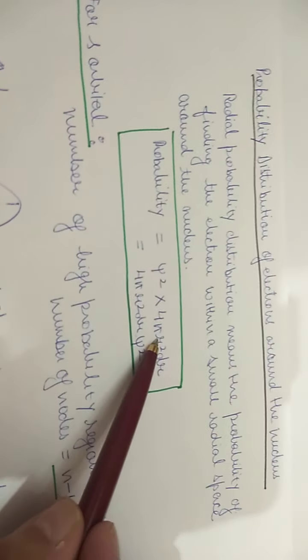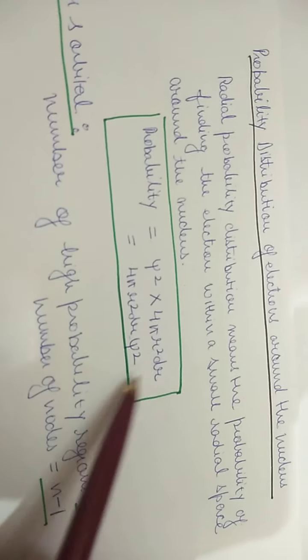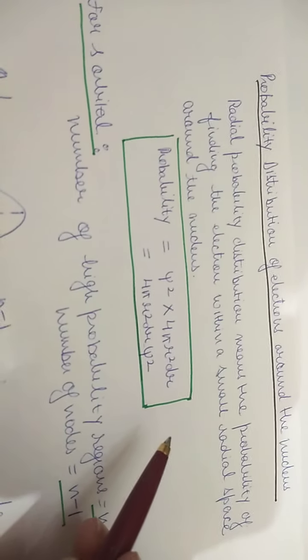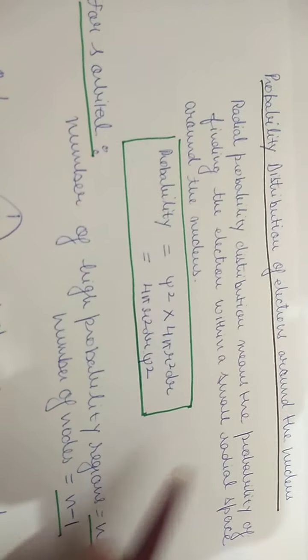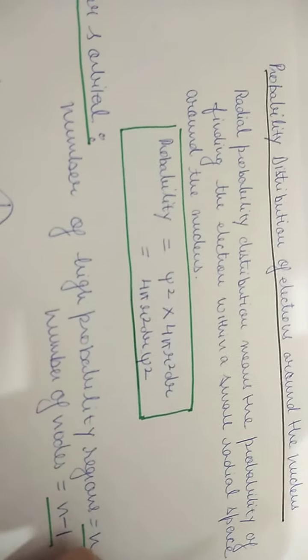And we have taken 4 pi r square here because we consider the space around the nucleus as a shell. I would say we consider the shell a sphere.